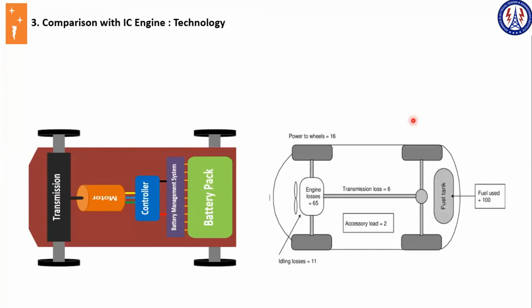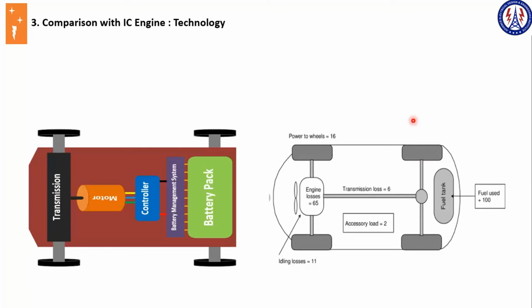Any guesses for the difference between the efficiency? Any number which you feel might be the difference? Let's say 50% is the efficiency of IC and 70-80% the efficiency of your EV. Regardless of the battery itself, or including the battery, because we can't put a battery on the road, we need to put it on the vehicle itself.